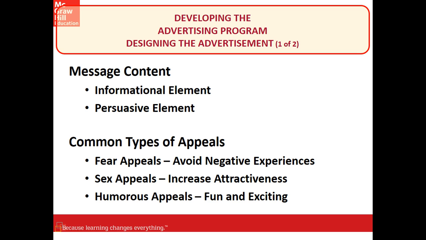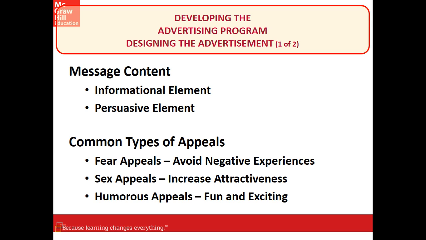Also, developing and designing your advertisement: the message has an informational element and a persuasive element in its content. And also advertisers use different types of appeals. The common types of appeals include fear appeals, sex appeals, and humor appeals.